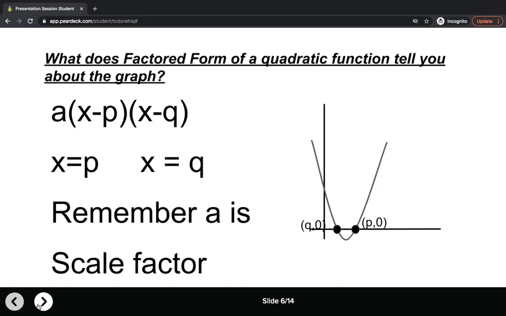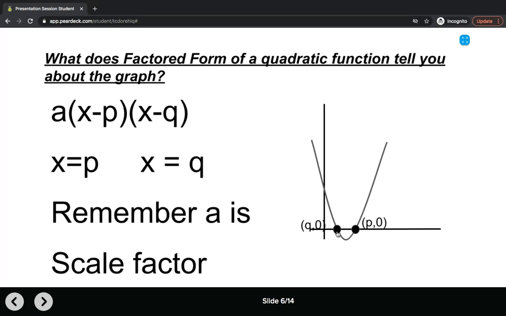All right, so what was the purpose of having these numbers factored and solving for their x-intercepts? Well, with quadratic functions, factored form is a possible way that a quadratic equation can be presented to you. And that means that the reader is telling you that with factored form, you can go ahead and solve for the x-intercepts.